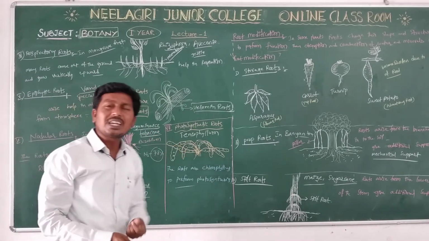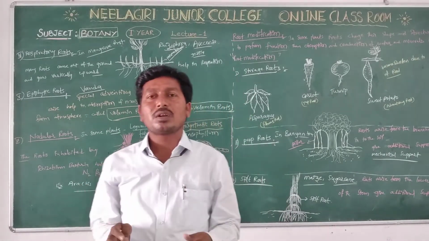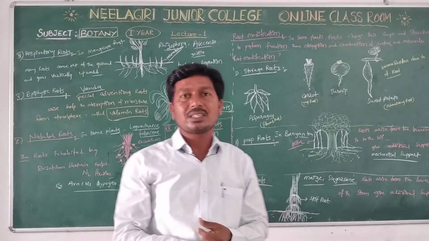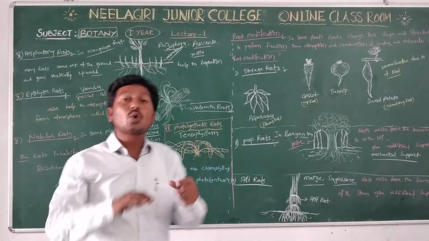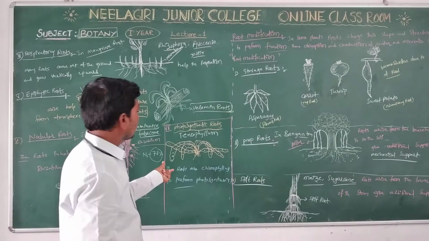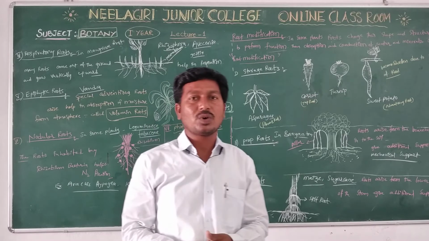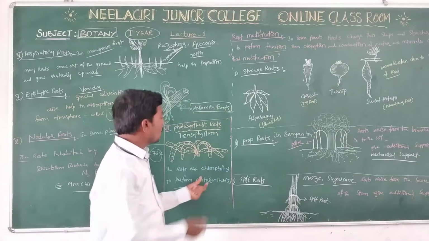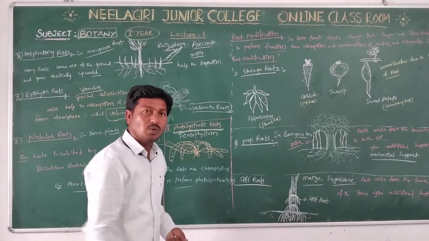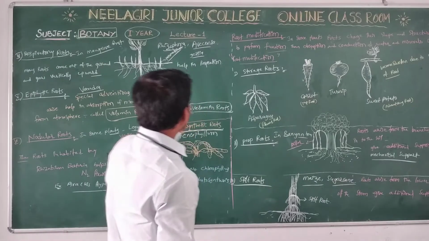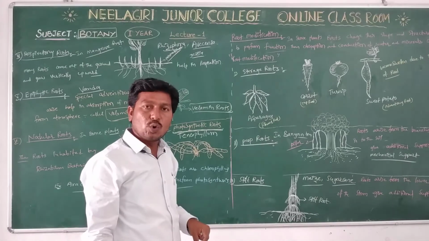Generally, roots are brown in color, but these Taeniophyllum roots are chlorophyllous to perform photosynthesis. It is called photosynthetic roots. Best example: Taeniophyllum. Now, let us repeat the root modifications once again.